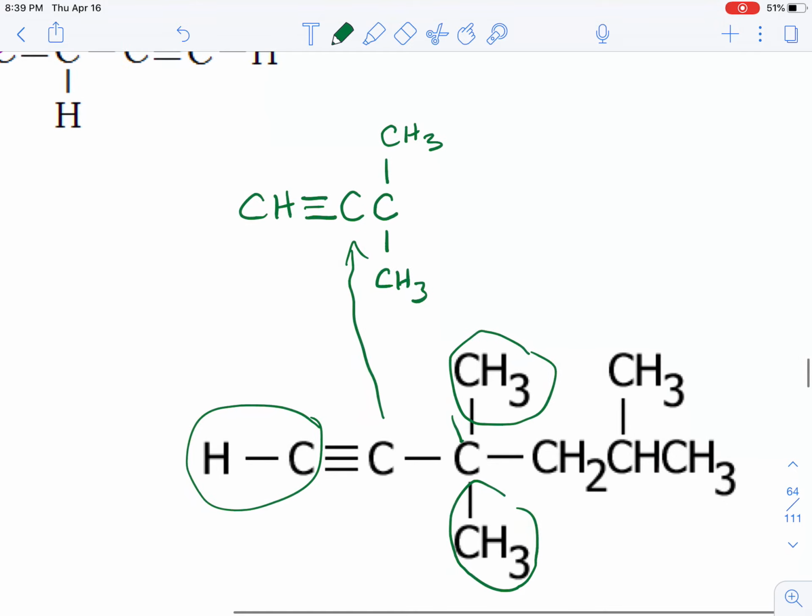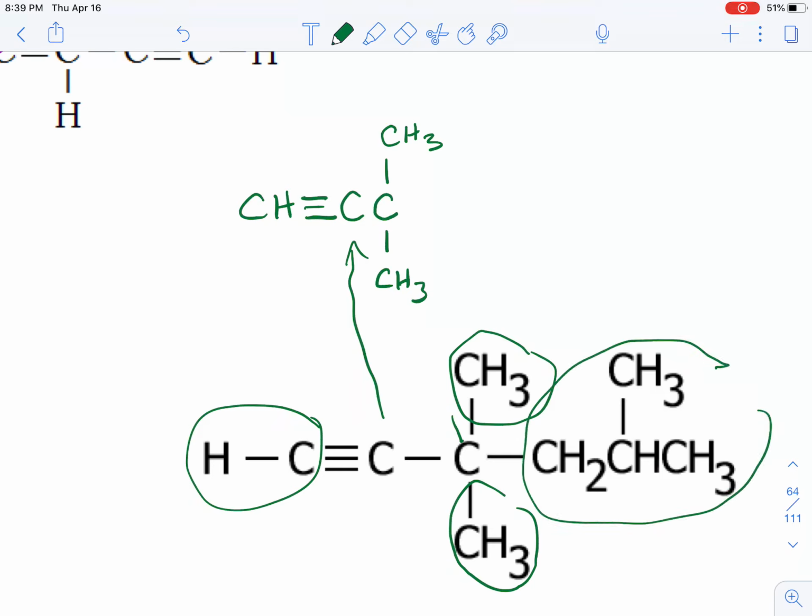And actually the rest is already given for you as a condensed structure. So just copy and paste what you guys see. So here you're just going to put CH2 and CH, CH3, and here you're going to have another CH3. Okay.